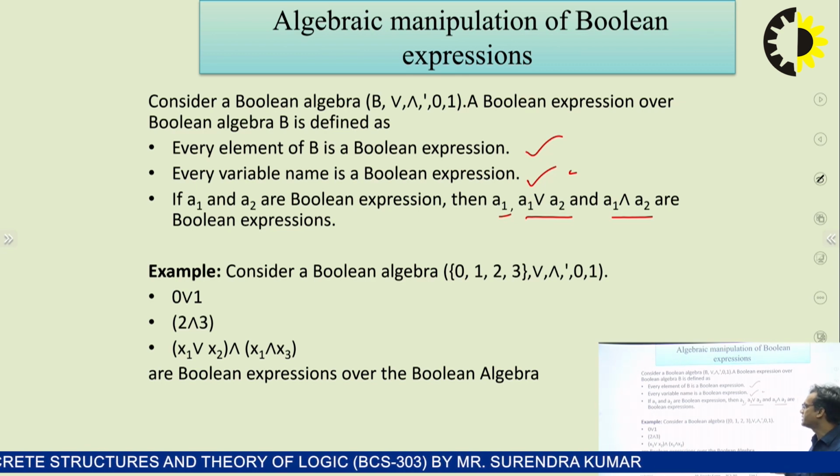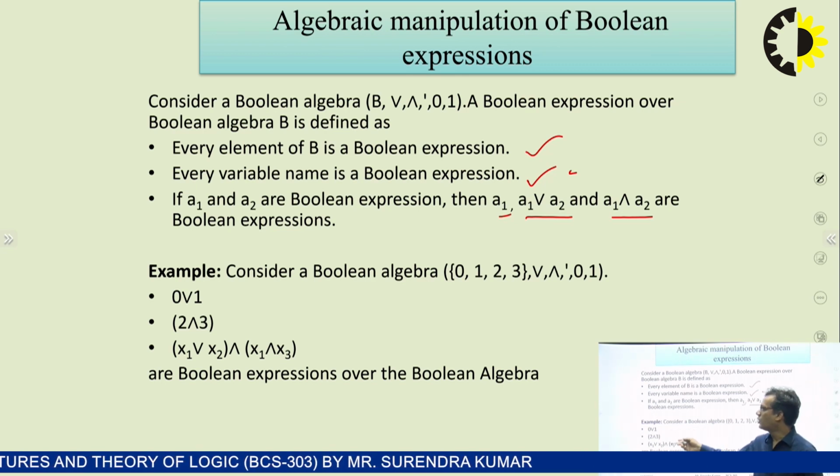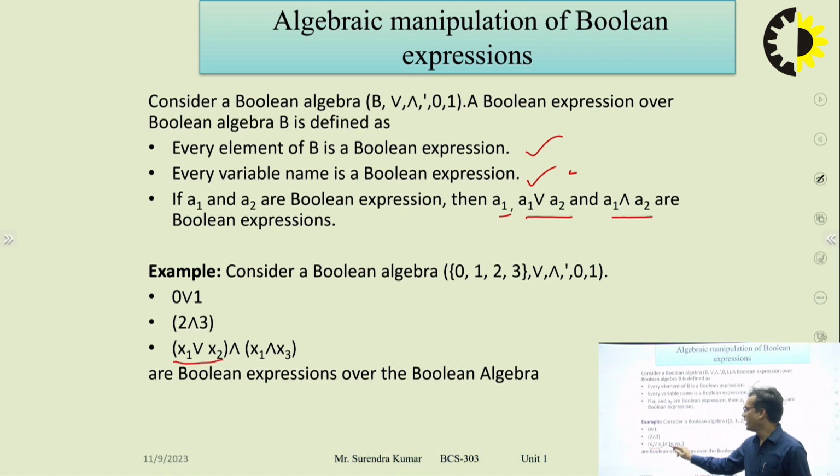You can represent it like 0 or 1, 2 and 3, or in variable form, x1 or x2 and x1 and x3. So these all are Boolean expressions that you can represent.